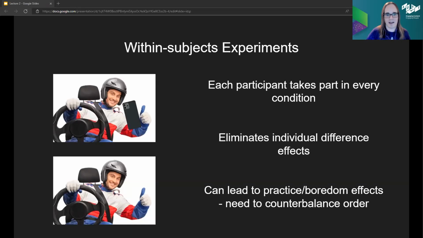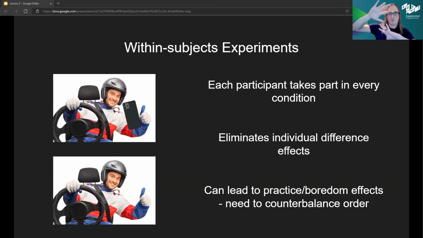Within subjects designs also have a number of benefits and drawbacks. So first, the practical recruitment idea. If you have a within subjects experiment, you don't need as many participants to get the same number of observations. Let's say we decided ahead of time we wanted 40 data points in the driving condition and 40 data points in the control condition.